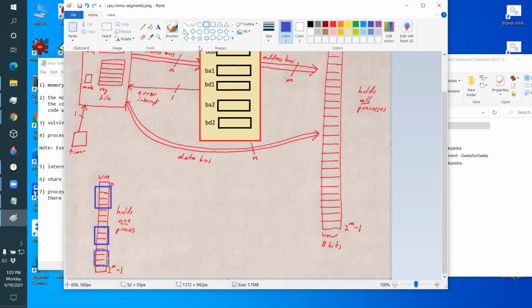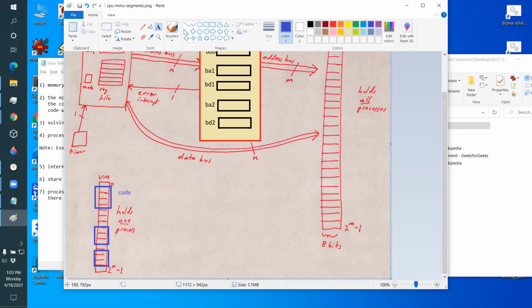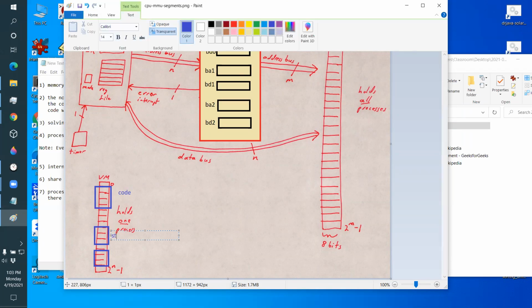So we would have code, stack, and the heap. Every program is going to have at least a code, a stack, and a heap.